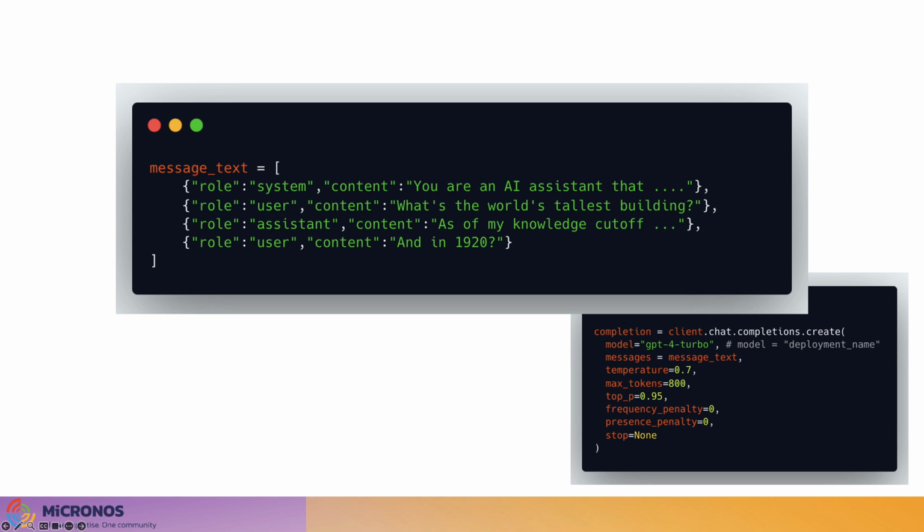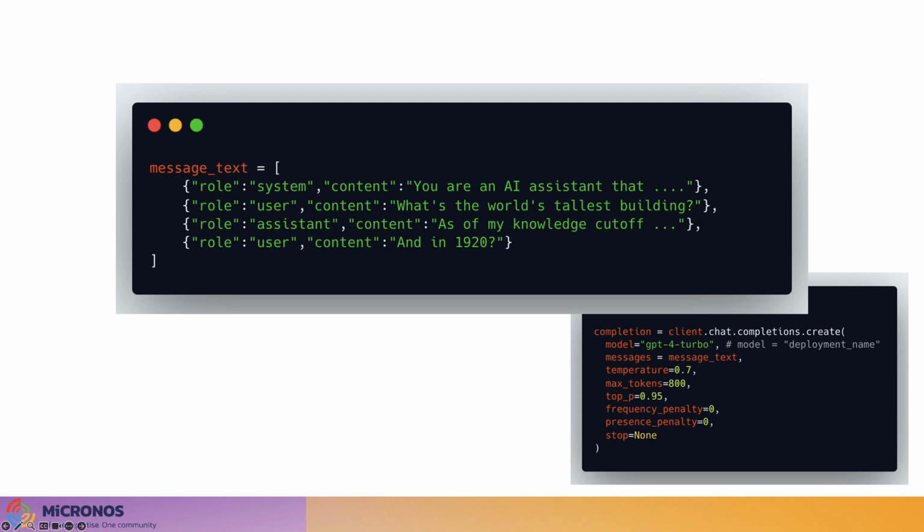Now what you can see here is that we are at a second iteration in a conversation. The user is asking a second question because the first question was, what's the world's tallest building? That's probably the Burj Khalifa as of the knowledge cutoff of 2023. And the assistant has responded. So in a previous chat completions call, you as a developer are responsible for capturing the assistant's response.